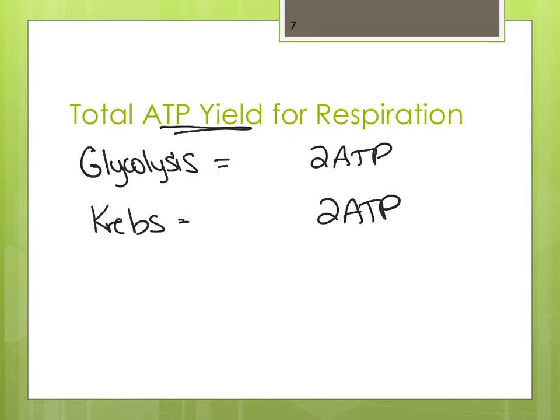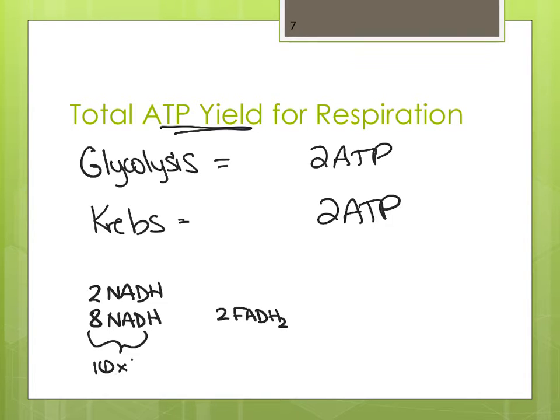How many NADHs did we have in glycolysis? 2 NADHs. How many NADHs did we have in the Krebs cycle? 8 total. And we had 2 FADH2. So that's a total here of 10 times 3, so that's 30 ATP from our NADHs and 4 ATP from our FADH2s.